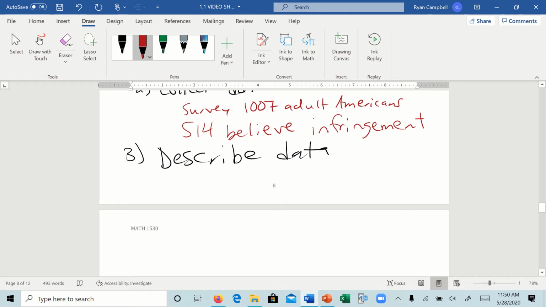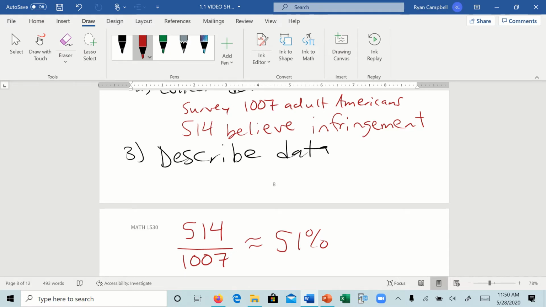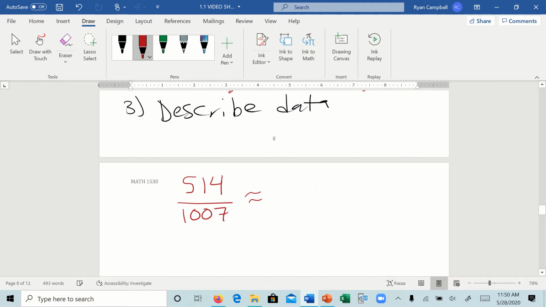So since 514 out of 1007 believe that the gun rights are infringing, we can say that of this sample, about 51%. Right, when we divide 514 by 1007, we get about 51%. Right, the actual decimal would be 0.510, which would of course just be 51%.